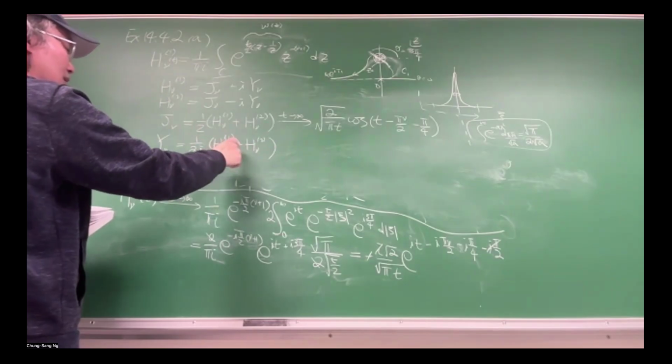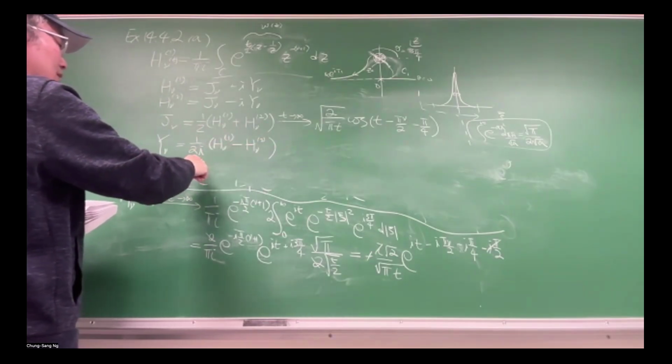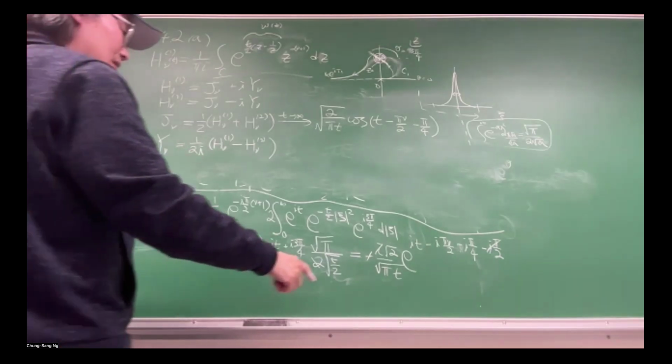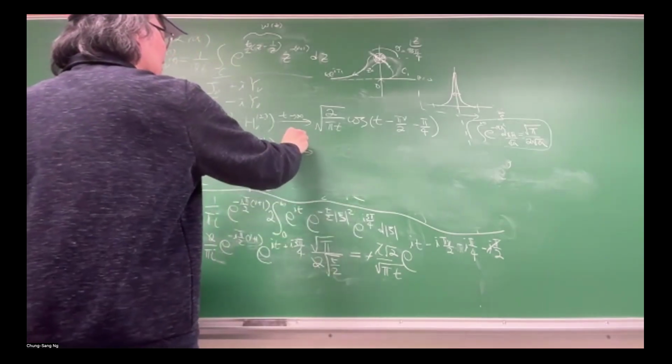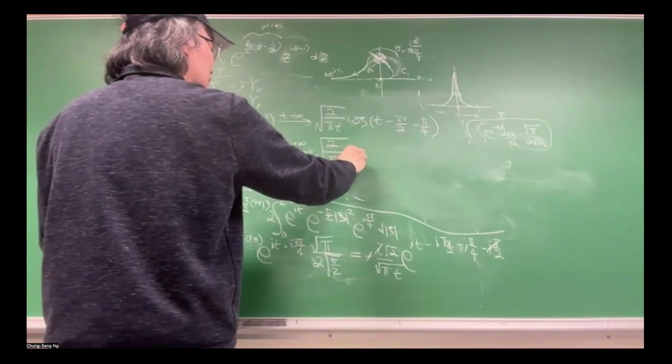Because 2i of the imaginary part, and I cancels with I. The 2 of the imaginary part divided by 2 is just the imaginary part of this one. So it tends to the imaginary part, which is basically the sine instead of cosine.